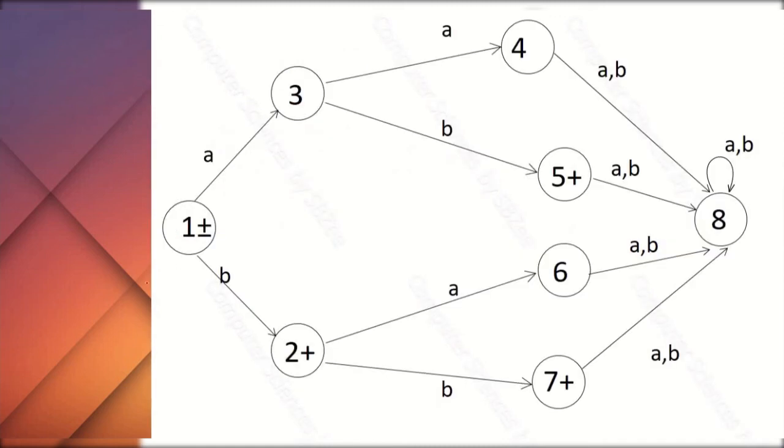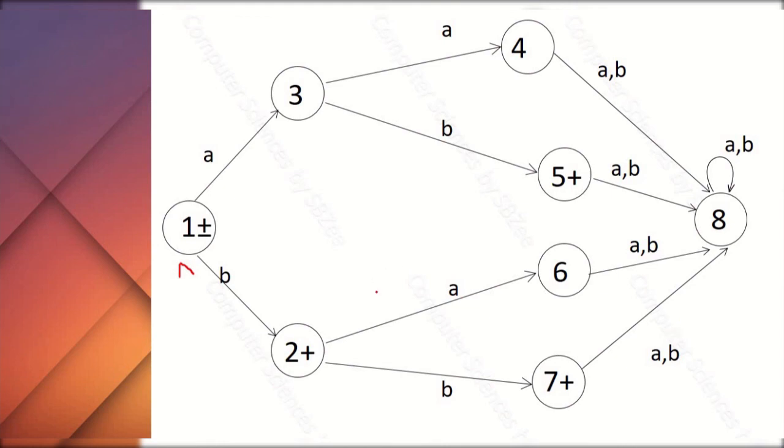At state 1, we have both the initial and final signs because that language accepts lambda. At state 1, we have 2 children, A and B, because the sigma set has 2 letters, A and B. And then further nodes all have 2 children, and so on.